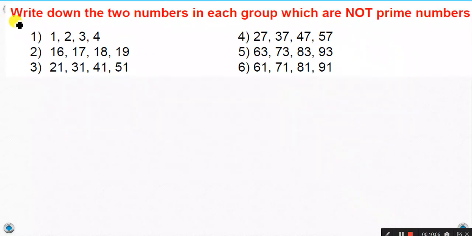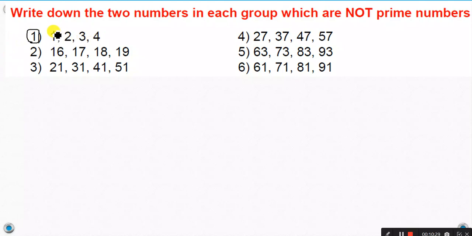Let us do another example. Write down the two numbers in each group which are not a prime number. From a given group of numbers, select two numbers that are not prime, which means composite numbers. Let us start from number one: 1, 2, 3, 4.